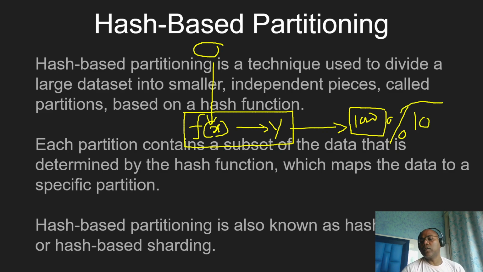If the partition size is 10, it generates your partition, and in that partition you put the data. Similarly, when a new key comes, apply the hash function, generate the number, take modulo 10, and find the next partition number.